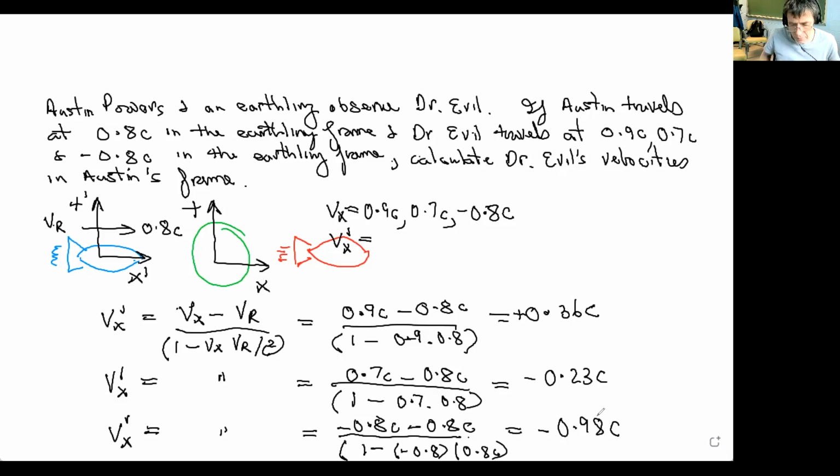So let's just take a moment and see if we can understand the results of our calculations here, because they're quite interesting. There are these three numbers here, which are the three speeds or velocities that Austin sees Dr. Evil traveling at, based on the three speeds up here that the Earthling saw Austin traveling at.